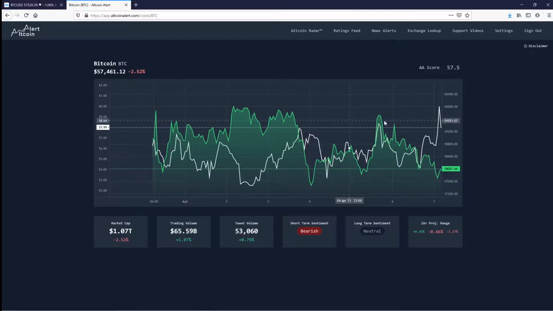And that's sort of deceptive, the way the chart is plotted, it's a bit misleading.